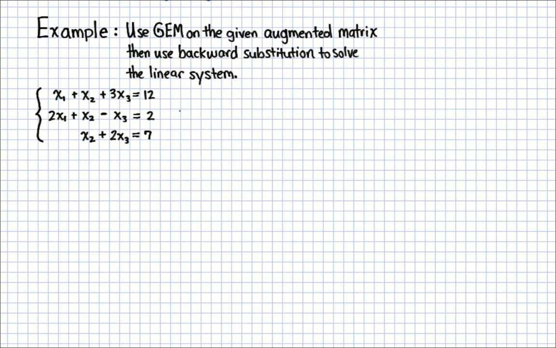So step one, let's go ahead and transform the linear system that we have here into an augmented matrix. So the way that this works is 1, 2, 0, 1, 1, 1, 3, negative 1, 2, and then the coefficient column is 12, 2, 7.